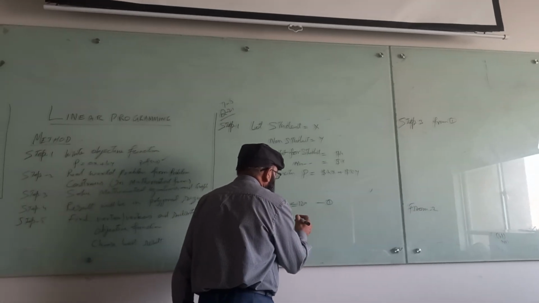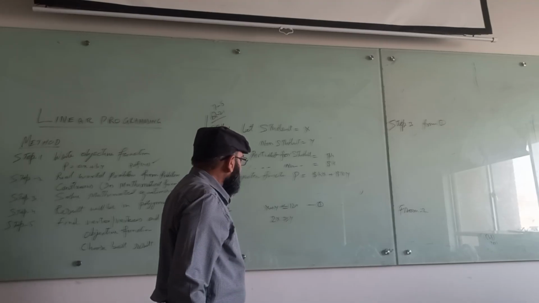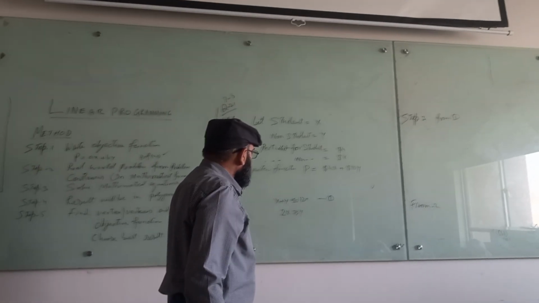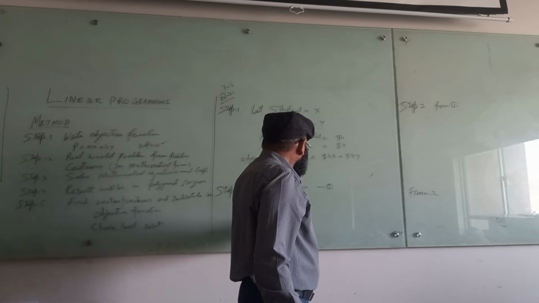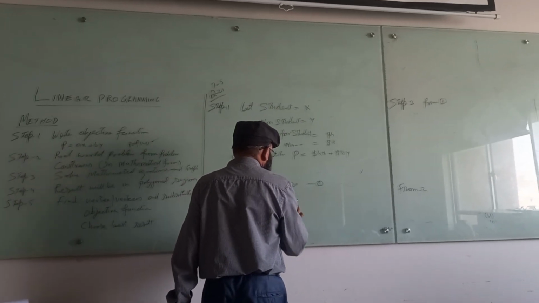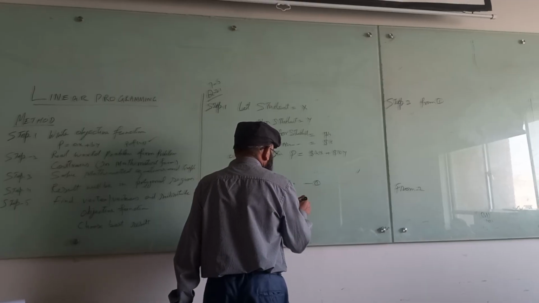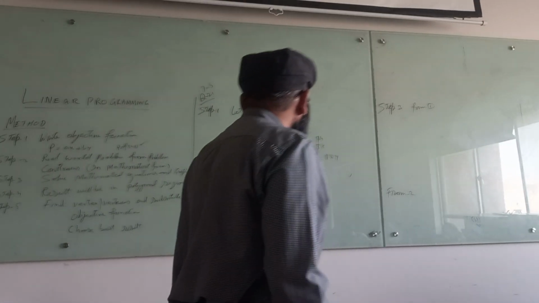Two x more than or equal to y. Twice student and this y. I think it should be 2y. Okay, it is 2y.